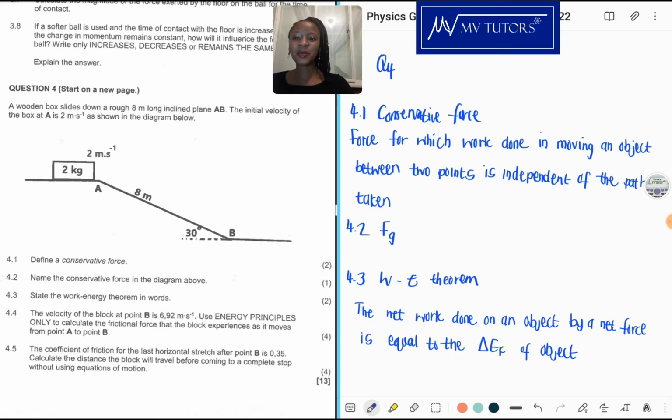With the work energy theorem, it's the net work done on an object by a net force, and it is equal to the change in kinetic energy of the object. And a conservative force, like I said before, has that definition. On the other hand, a non-conservative force is dependent on the path taken, like we have between A and B. Because we have a friction force there, it is a non-conservative force, because it is dependent on the path taken.